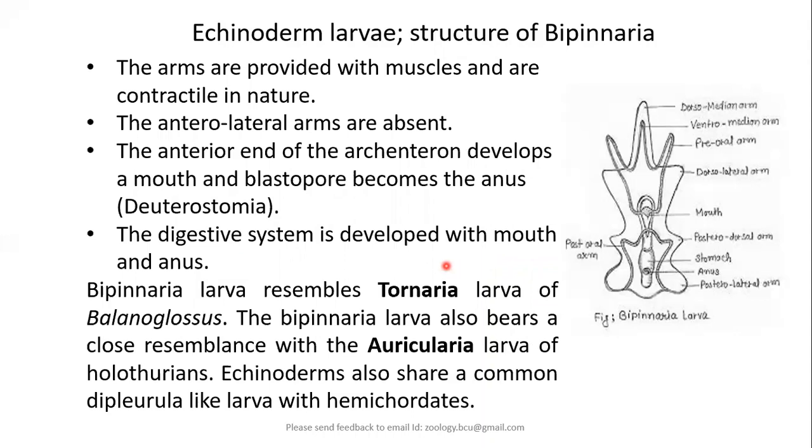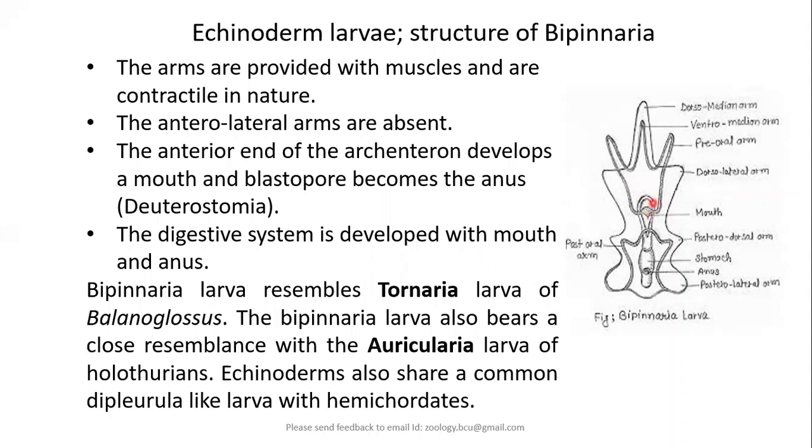Proceeding further, these arms are also provided with muscles and they are contractile in nature. That means they are helpful in the process of locomotion and also feeding. The anterolateral arms are absent.